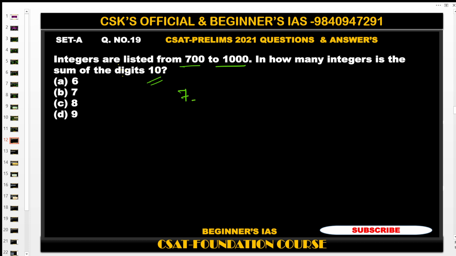So here, listen carefully. 7 dash dash. Okay. 8 dash dash. 9 dash dash. Simple. Sum of the digits: 703. Yes. 703. Then 712. 721. 730. Anything else? So therefore here 4. Then in this case 802.